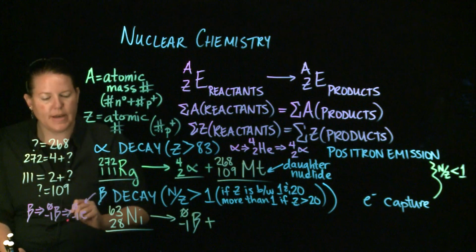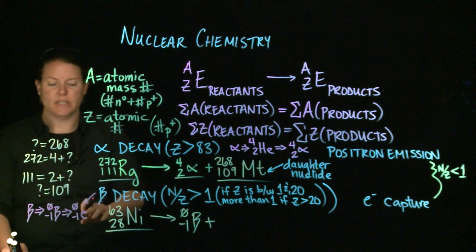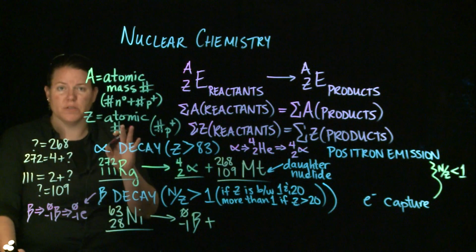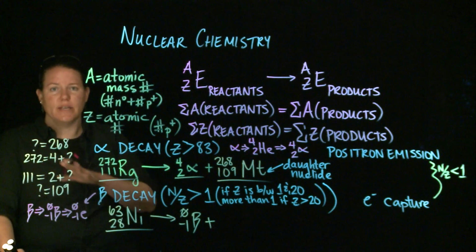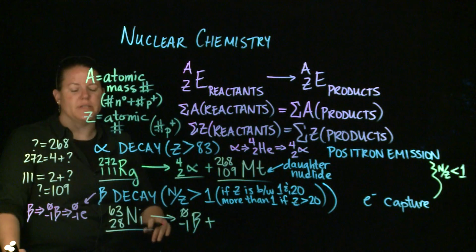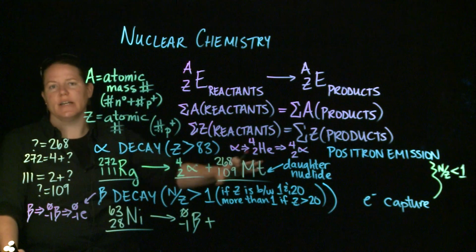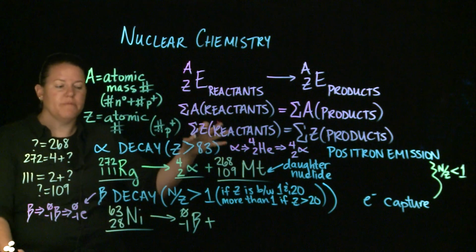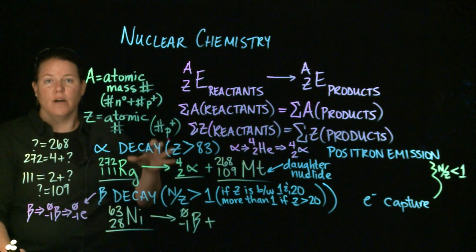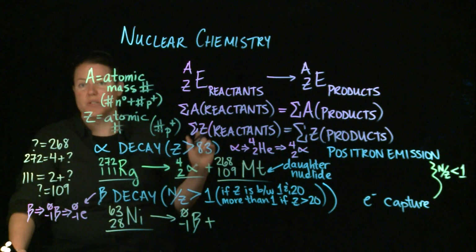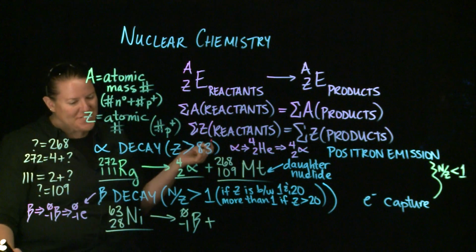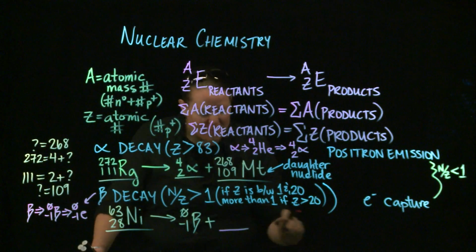Now, what is all of that talking about? What that's basically talking about is that a beta particle is a high-speed electron. So you're basically ejecting a high-speed electron in the midst of this. And what happens when you eject that high-speed electron is that it effectively changes a neutron into a proton, which is so cool. So what am I going to do here?